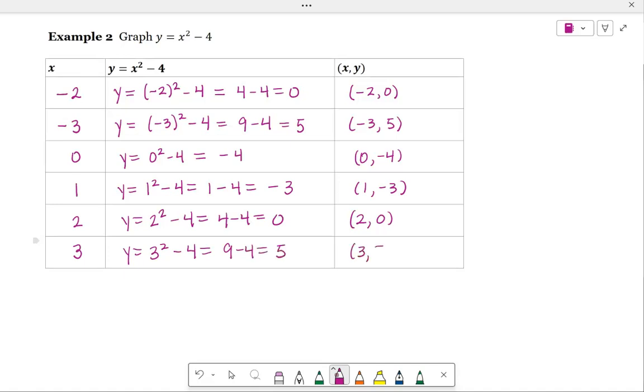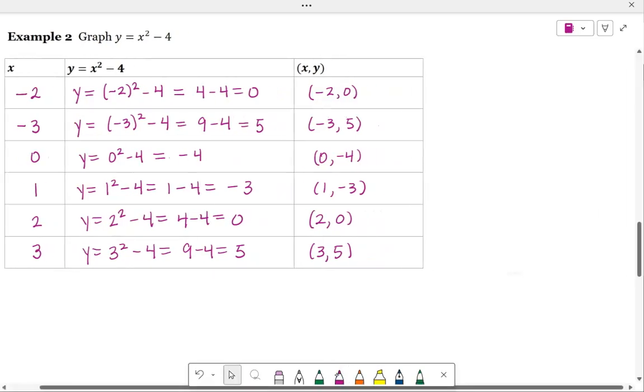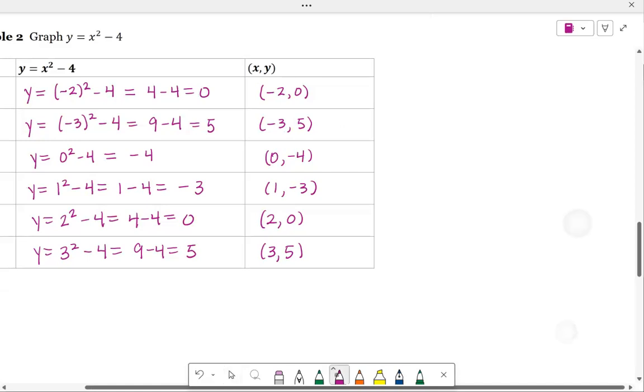So here are a number of points that should be on our graph. Let's put together a quick picture and just see if the points that we plotted make sense.